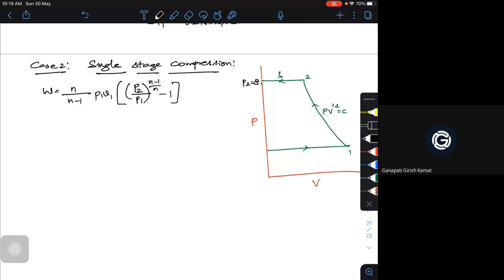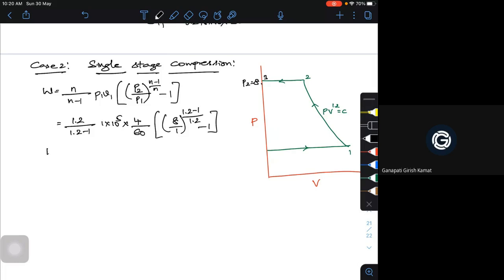So P2 is equal to 8 bar. So 1.2 divided by 1.2 minus 1 into 1 into 10 to the power of 5 into 4 divided by 60 into 8 by 1 whole to the power of (1.2 minus 1) divided by 1.2, minus 1.